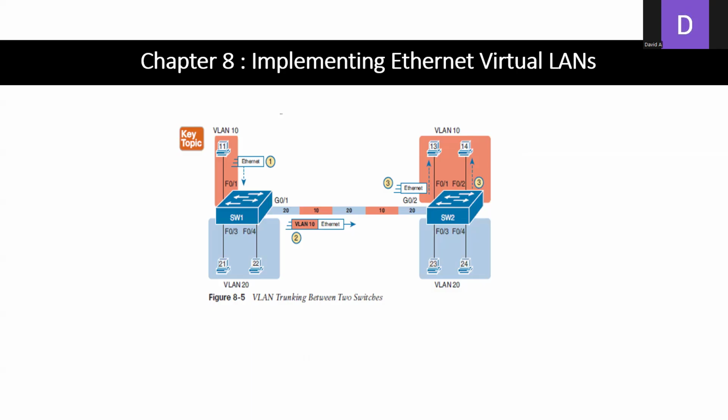Read chapters 8, 9, and 10 20 times over, because part 4 IPv4 addressing, part 5 IPv4 routing, part 6 OSPF, part 7 IP version 6, I am telling you guys the speed that we're going to go, I'm just going to throw technical terms, and this is how the real world is going to be. But you have to understand concepts at layer 2 before we can go to layer 3.